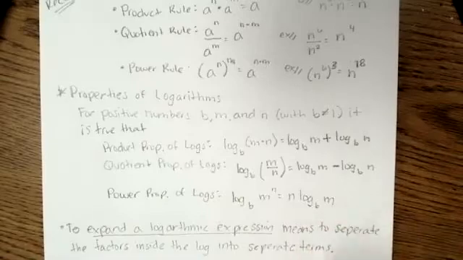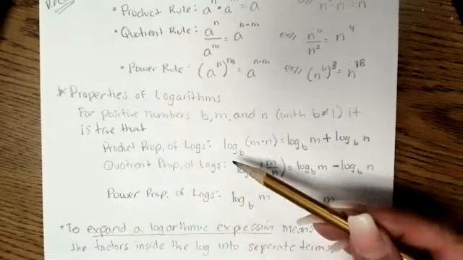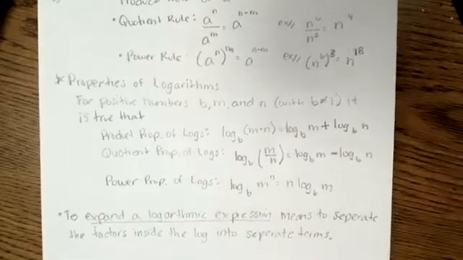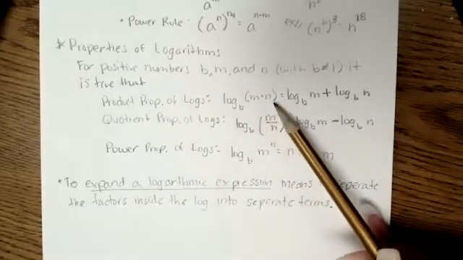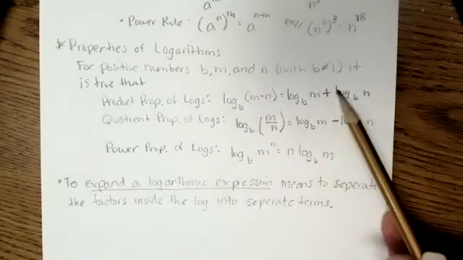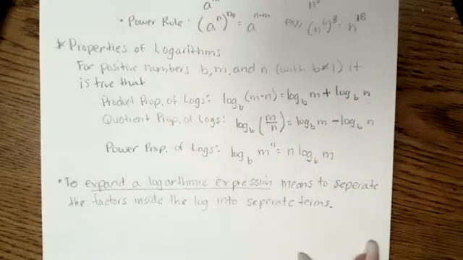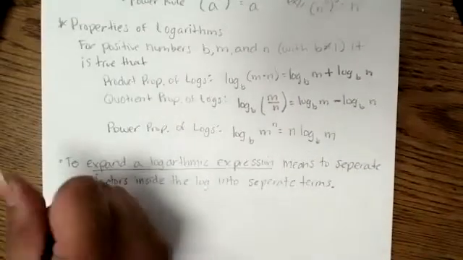And one thing I forgot to mention is these are the properties of log. They're also properties of natural log. So I could say the natural log of m times n is equal to the natural log of m plus natural log of n. Natural log is the one with the ln.